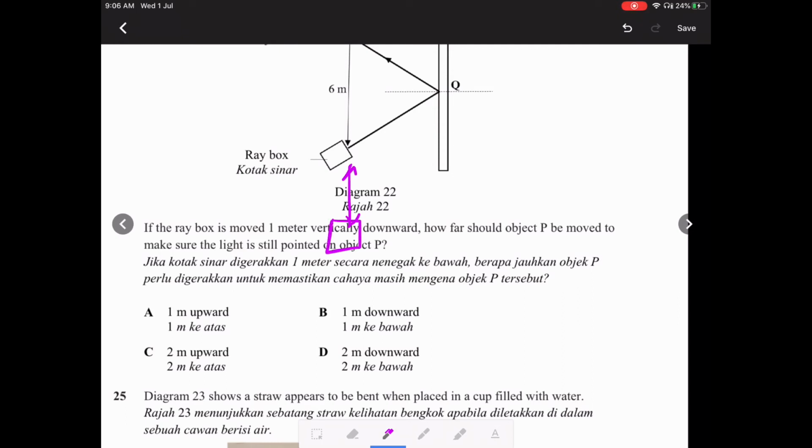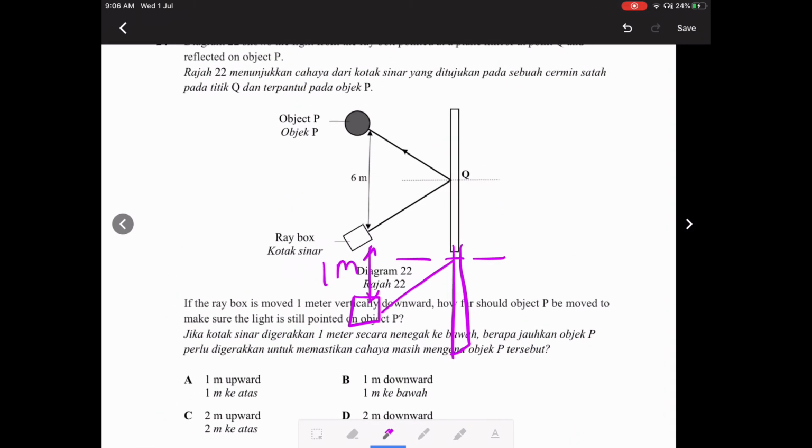So ni kedudukan dia. Okey. So dia akan pergi ke sini. Betul. So ni kita panjangkanlah. So ni ialah garisan normal dia. Okey. So ini akan pergi ke sini.